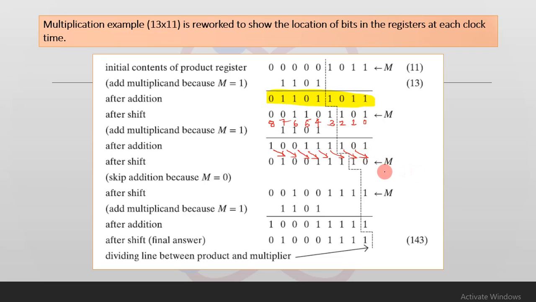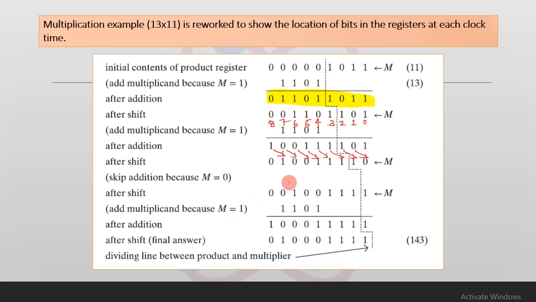Now again we are providing m to be equal to 0. When we provide m to be equal to 0 to the controller, we are going to perform only the shift operation.